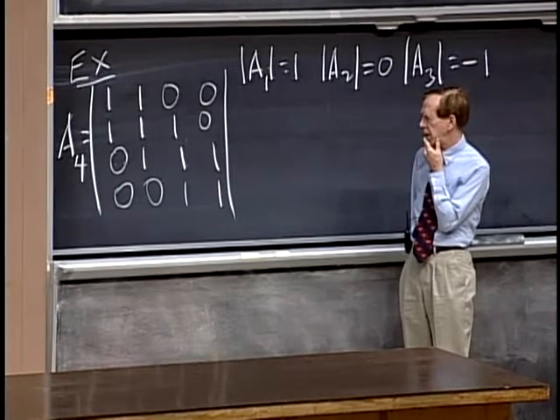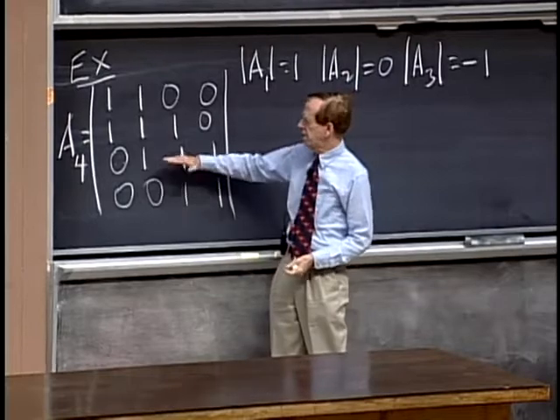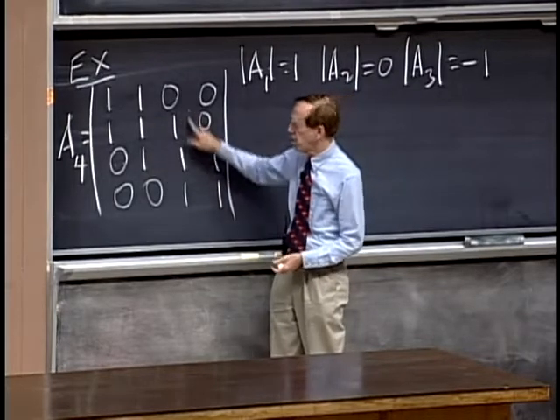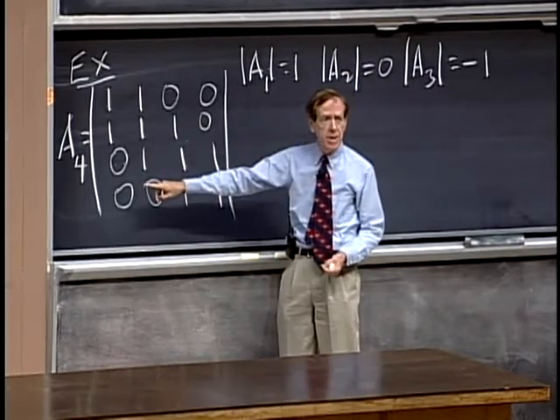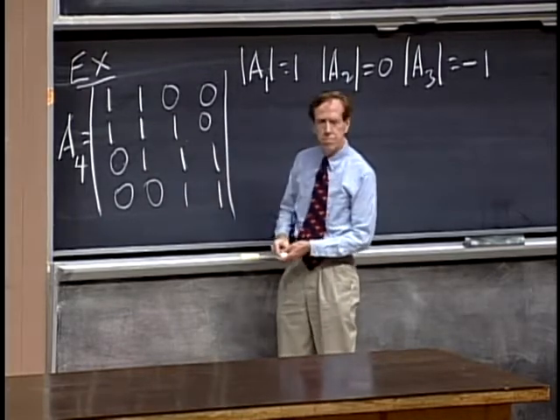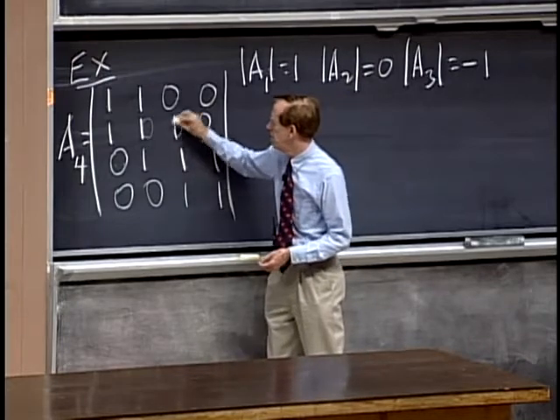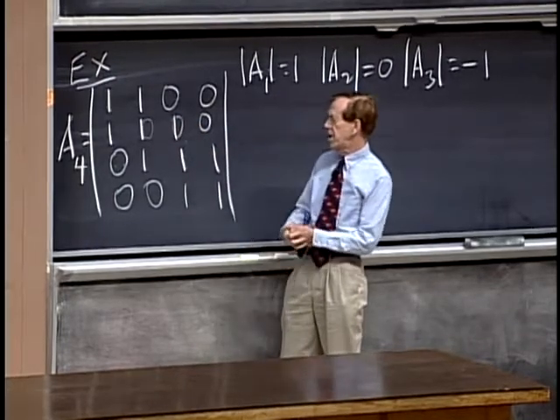Would you do it another way? Here's another way to do it. Look, I'm just looking at this 3 by 3. Everybody's looking at the 3 by 3. Subtract row 3 from row 2. The determinant doesn't change, so those become zeros. Okay, now use the cofactor formula.